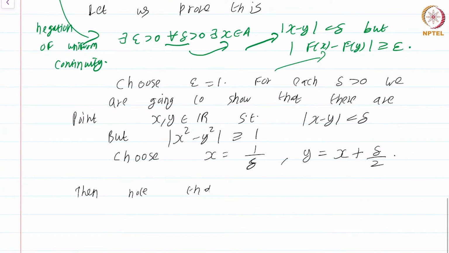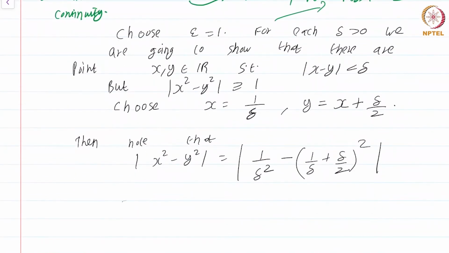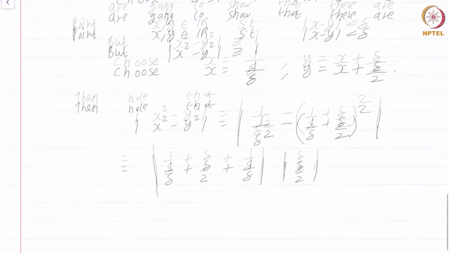Okay, then note that mod x squared minus y squared is in fact equal to 1 by delta squared minus 1 by delta plus delta by 2 the whole square. This is just mod x plus y into mod x minus y, which is 1 by delta plus delta by 2 plus 1 by delta, into modulus of delta by 2.